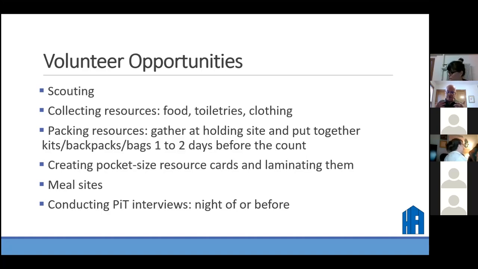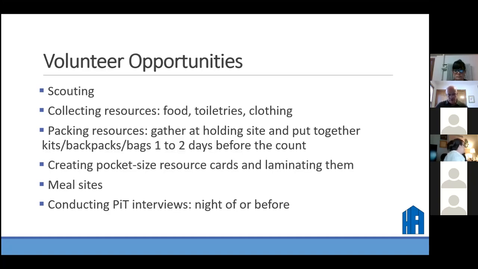They're usually maybe a couple times a month. But if you can get in there and have a volunteer explain to people about the count, and hopefully there'd be an opportunity to do an announcement periodically during the mealtime. And if it's within a few days of the count, you could absolutely have people doing the interviews.